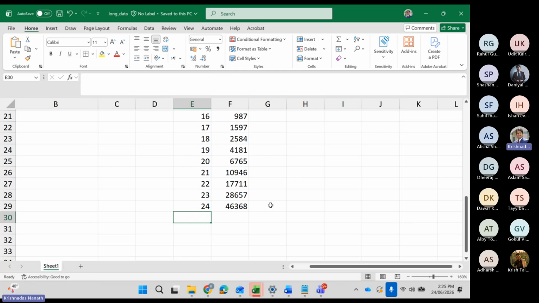Something is wrong. It's given only till 24. Only till 24. Yeah. What's the number? 18.1897.